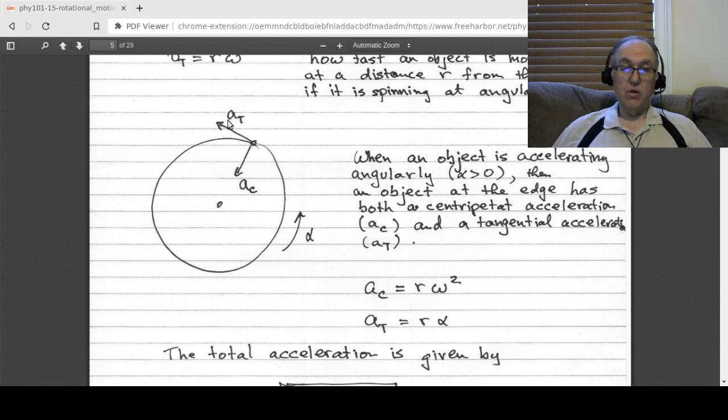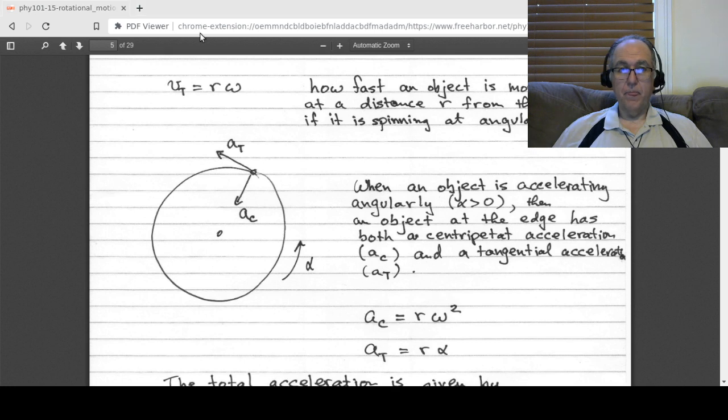So in generalized rotational motion, there are two pieces to the acceleration: a piece towards the center, which is the centripetal acceleration, and a piece along the outside, which is the tangential acceleration. The tangential acceleration follows the same pattern. Here we had Vt is equal to r omega. If you take Vt and ask, what's the rate at which Vt changes?